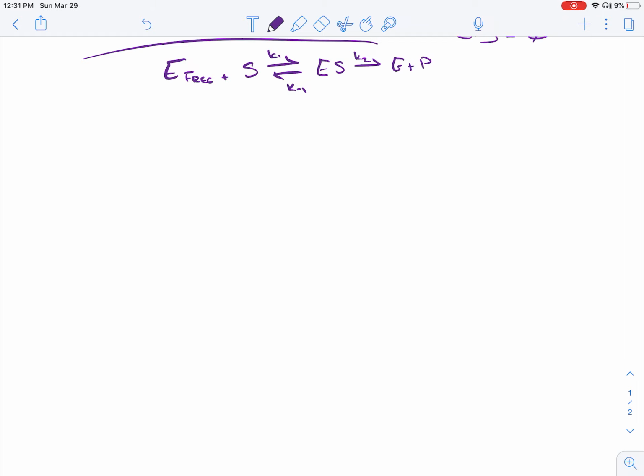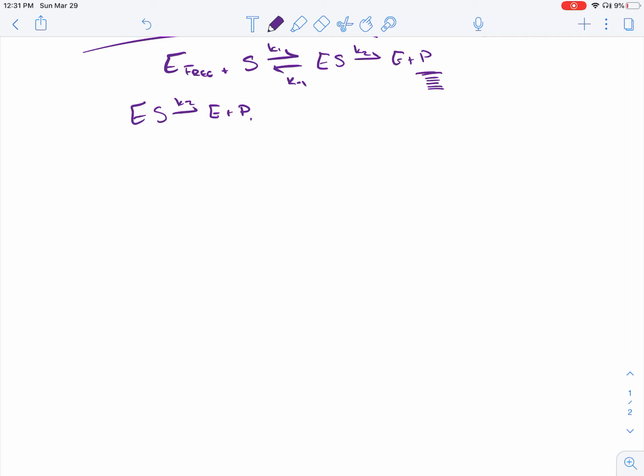Here we go. Now, we are looking at the rate of product formation, right? And we know if we just break this reaction up, ES, K2, E plus P, we know that the rate of product formation is equal to what?